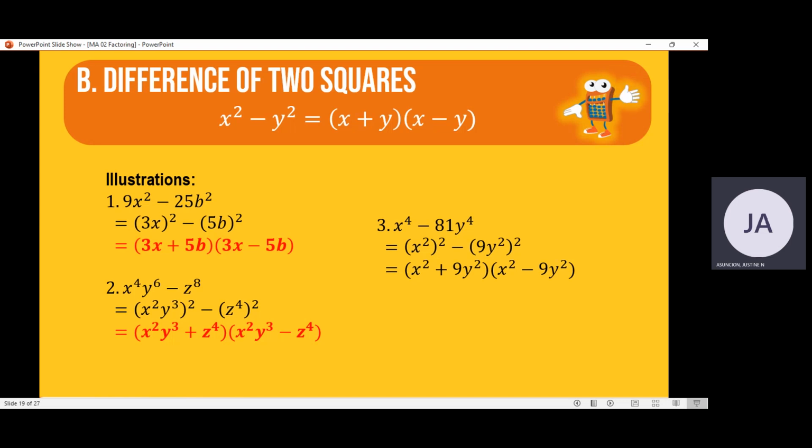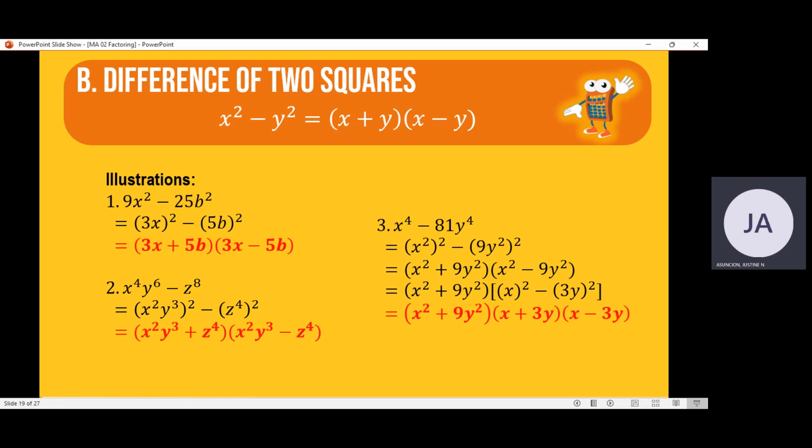We can use again the difference of two squares. We can express that as the quantity x squared minus the quantity 3y squared. Applying again the difference of two squares, we have the quantity x plus 3y and the quantity x minus 3y.